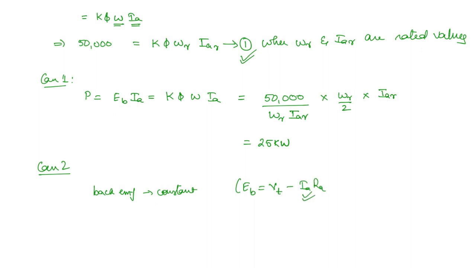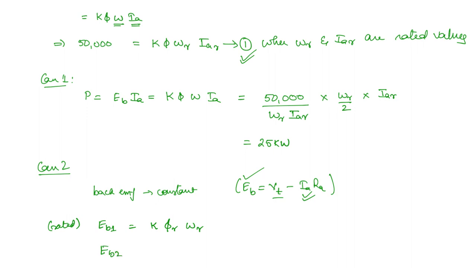Now the armature current is not changing with respect to speed, and VT is not changing because this is not armature voltage control. So the back EMF will be constant. Okay. So if you consider the back EMF at rated condition, then this will be equal to K into rated field flux into the rated speed.